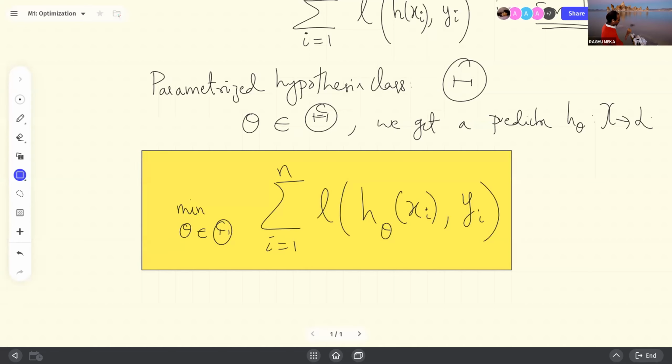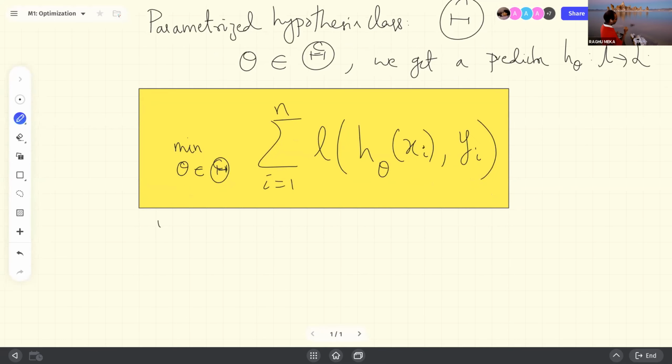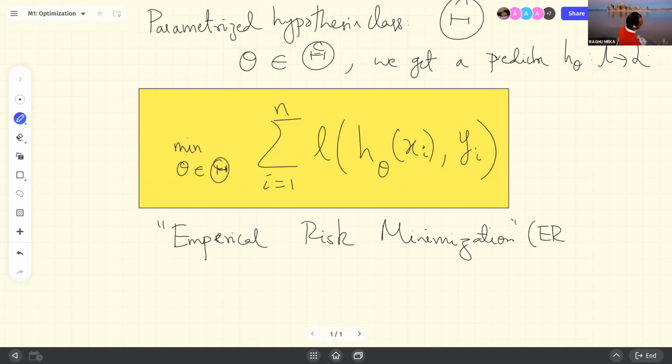And so this problem is very important and it has a name. It's called empirical risk minimization, or ERM.